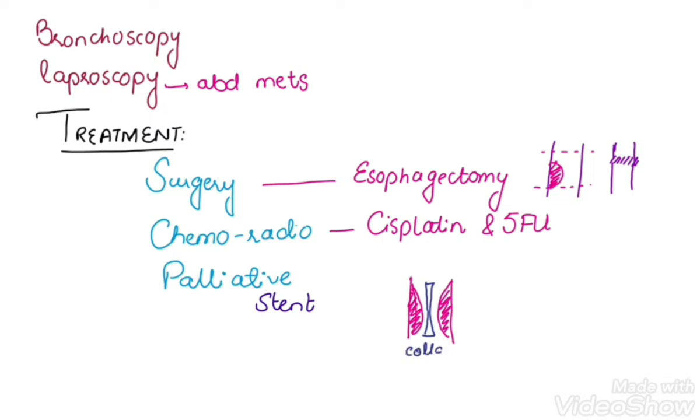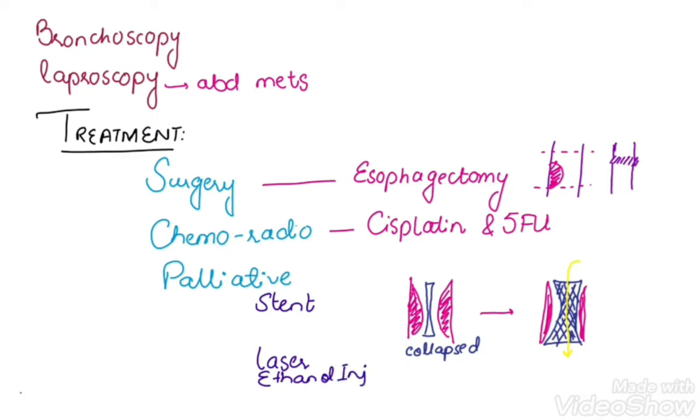It is then expanded accordingly. So the esophagus is intubated and food can pass through the stent, and it helps relieve dysphagia. Laser and ethanol injection directly into the tumor decreases its size and relieves dysphagia.